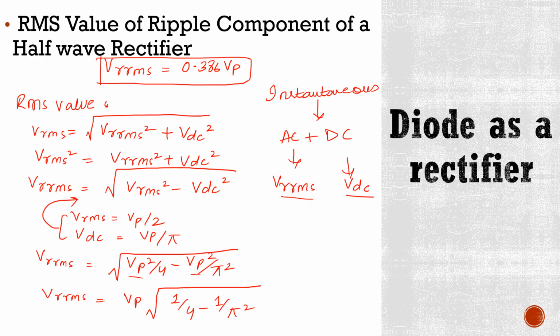After solving this term, we get VR RMS is equal to 0.386 Vp. So this is the RMS value of ripple voltage in the case of a half wave rectifier.